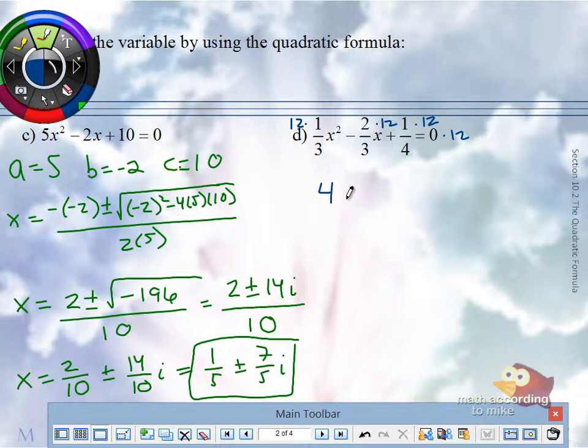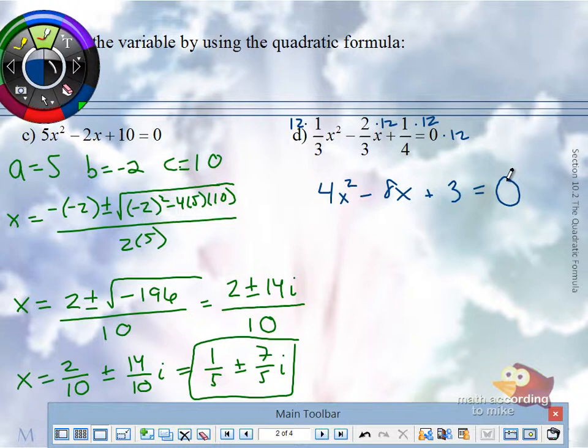What is 12 times 2/3 x squared? 4 times 1/12 equals 0. Now, that is so much nicer to look at.